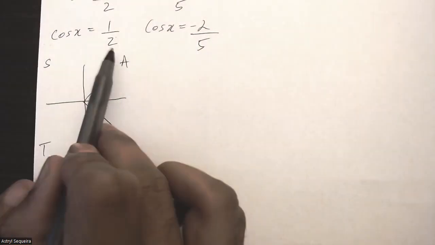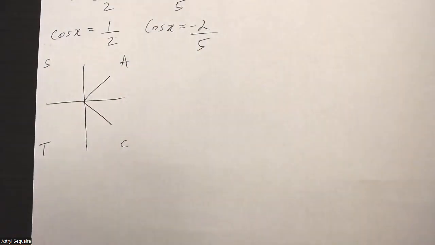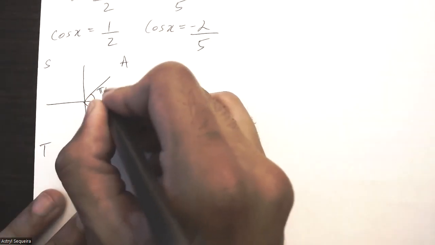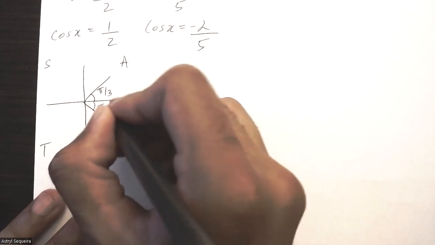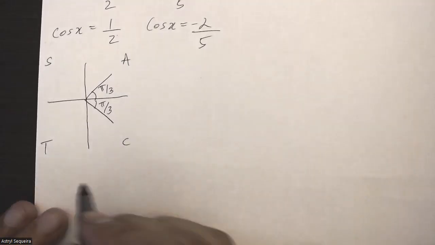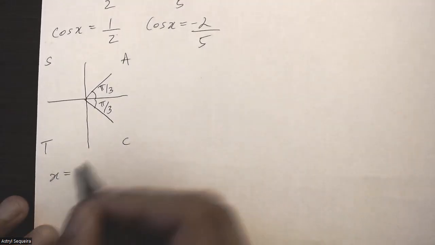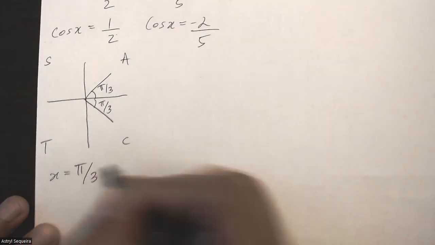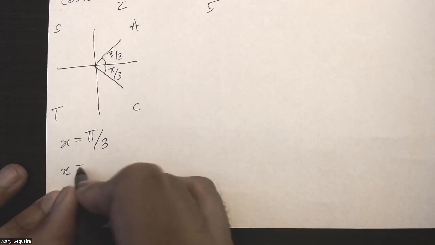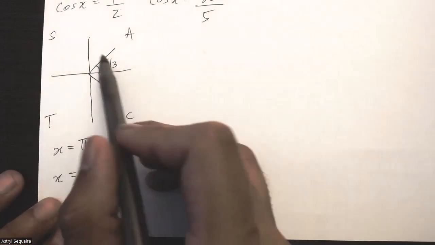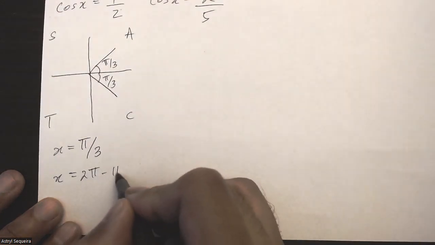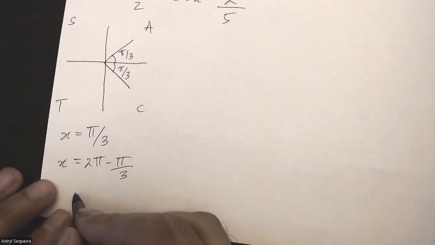I'll do the cos inverse of half to find my acute angle. You can also use special triangles for this one. It's just pi over 3. So my first solution for x here is just pi over 3 because I'm in the first quadrant. My second solution for x is going to be 2 pi minus pi over 3, which is 5 pi over 3.